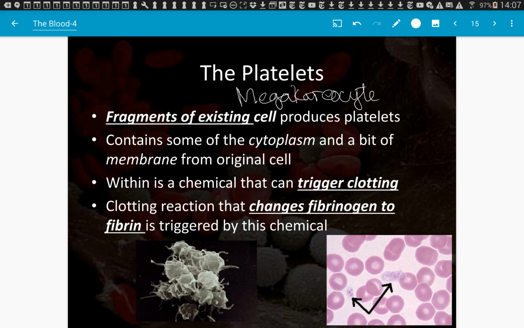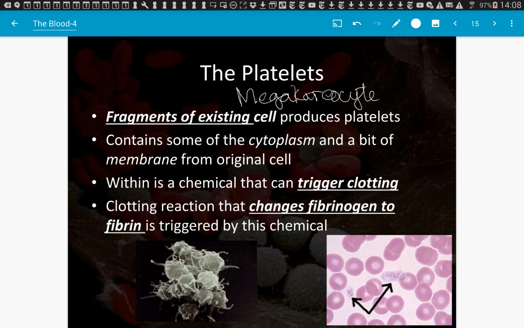And so one of the important things that it does is that when a platelet bursts open and releases those chemicals, it triggers that conversion from fibrinogen, which, as a reminder, is one of those major proteins that we find in our blood at a fairly consistent rate all the time.